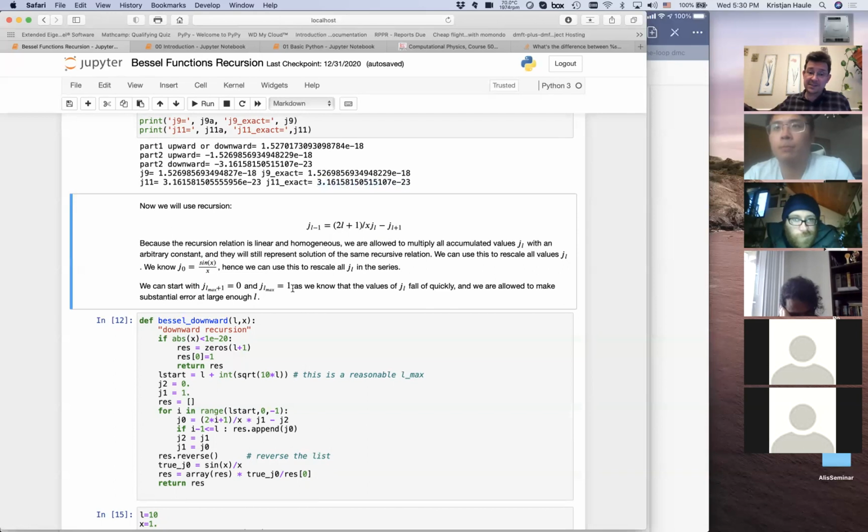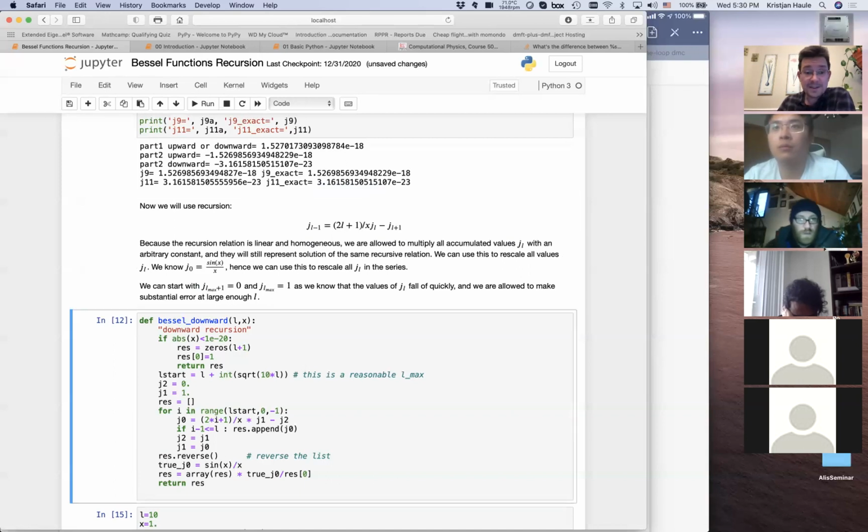Of course, the entire series will depend on this number, but at the very end, when we get down to L equal to 0, we will renormalize the entire series in such a way that J0 is correct, which will guarantee that all other L are correct, except maybe a few for the highest, close to L max. Is it clear that this algorithm should work?